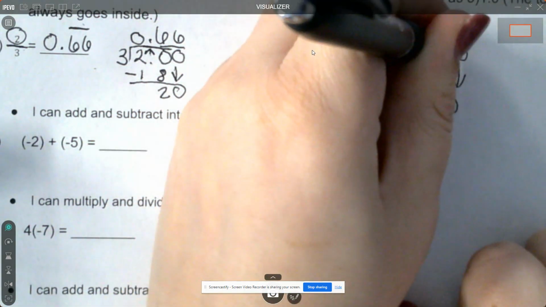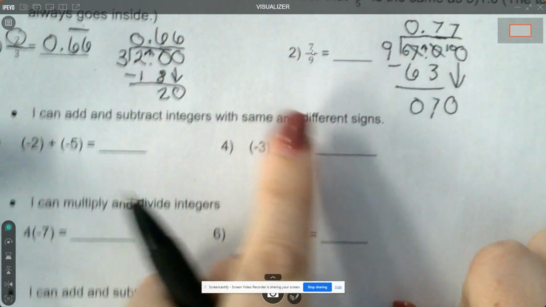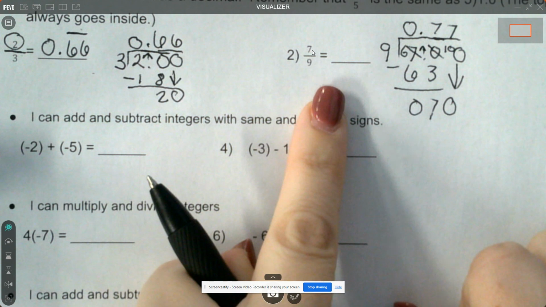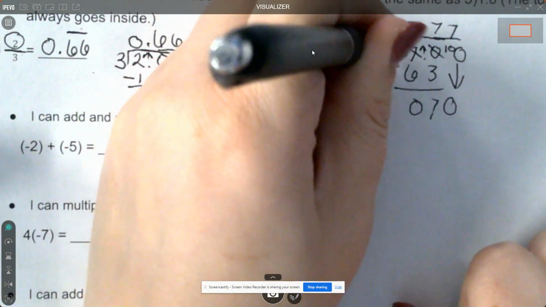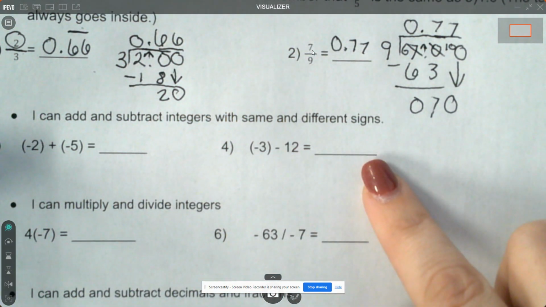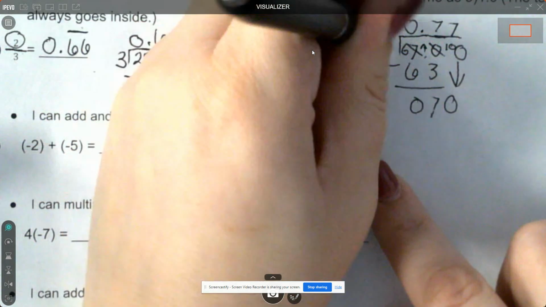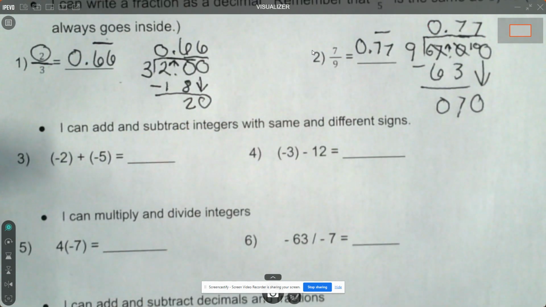So I'm going to bring the decimal straight up. And how do I write it over here in the answer blank? What would I do, Madison? That's not it. What else could I do, Esmeralda? I gotta add a line on top. If there's a pattern, if it's repeating itself, you have to add that line. If you don't add the line, then it doesn't tell me that it's repeating.